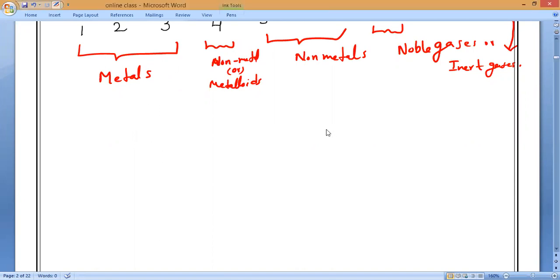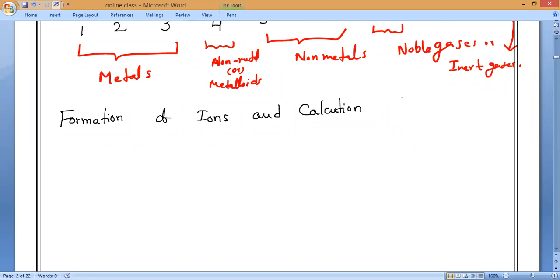So for ions, how to calculate the valency? Let us write it. So all of you put: formation of ions and calculation of their valencies. When will ions form, by loss of electrons or by gain of electrons?